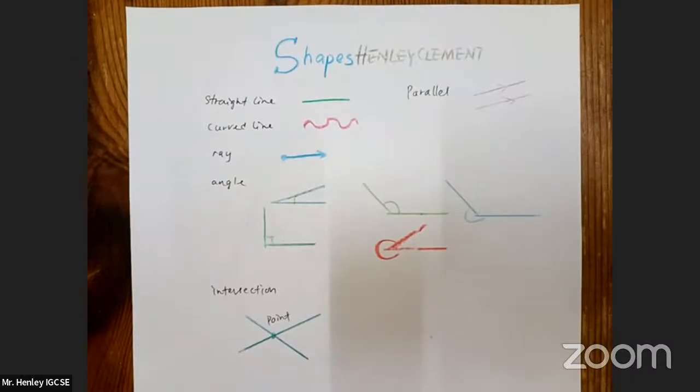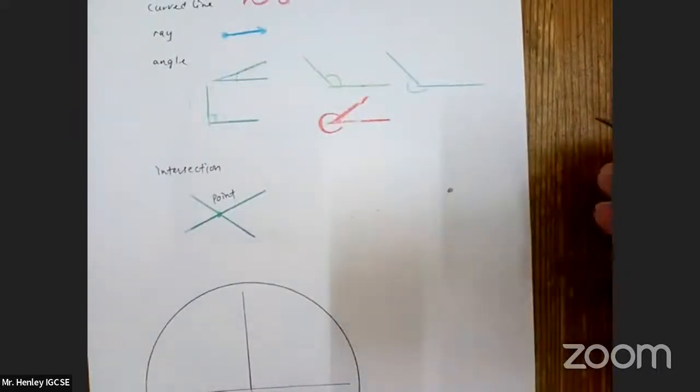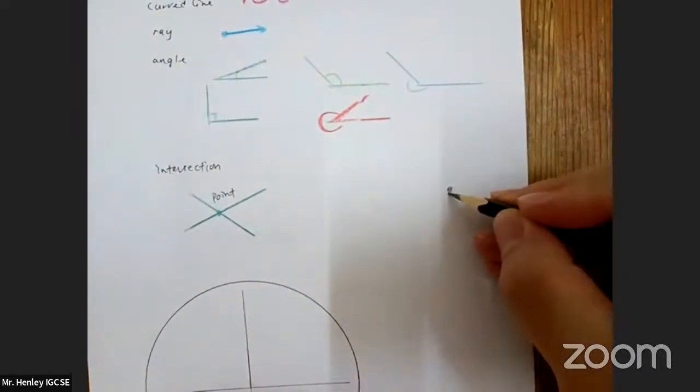This is Mr. Henry Clement for shapes. Before the shapes, we need to learn about lines. Can you see this is a dot? This is one dot. Many dots will make a line.